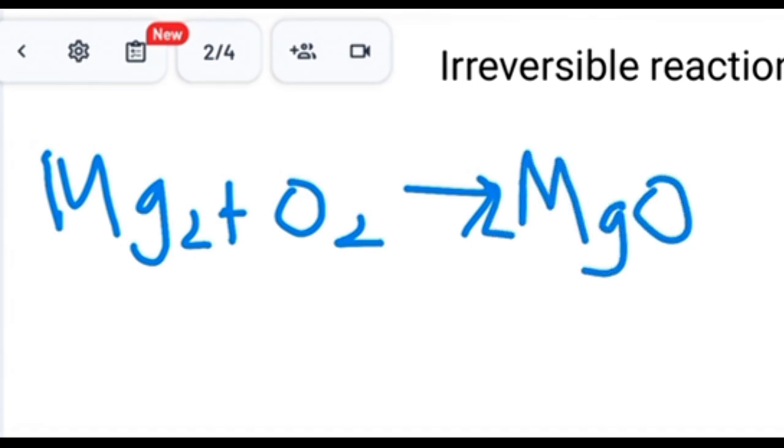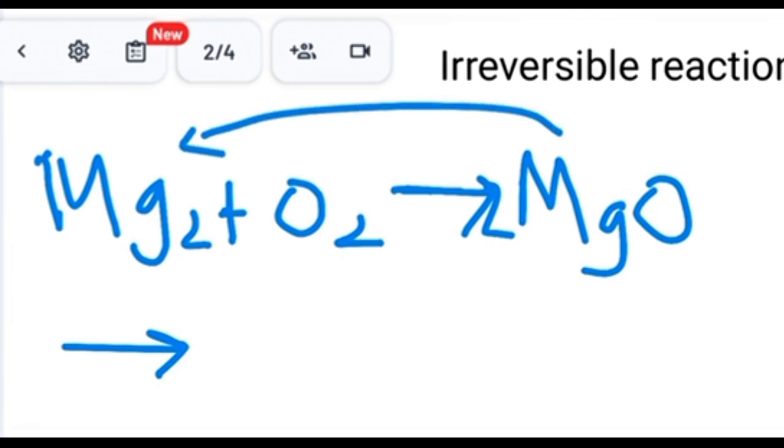Okay, now in this reaction, first of all, we know it's irreversible by the symbol that's used, which is a single arrow, meaning that this reaction only goes in the forward direction and it can't go in the backward direction, meaning the product can't go back into its original form, it can't break down into the reactants. Okay, so this means that this reaction is irreversible. Once magnesium oxide is formed, you can't get magnesium out of it, you can't get oxygen out of it.